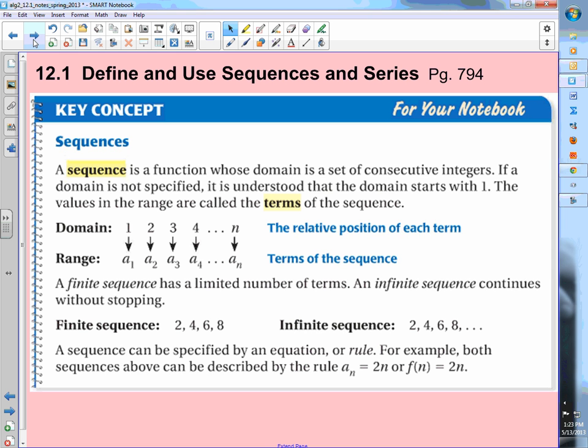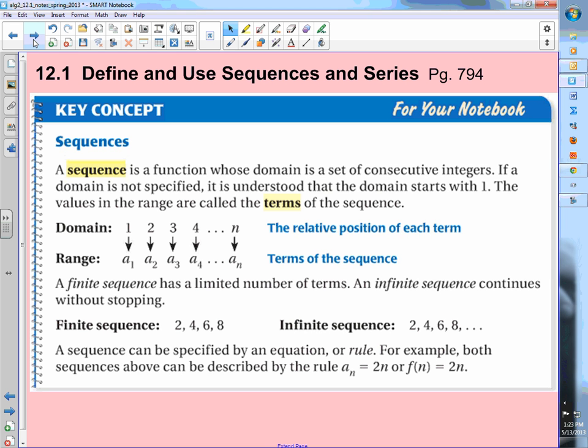The position of the term: 2 is the first term, 4 is the second term, 6 is the third term, and 8 is the fourth term. You are going to be very aware of the position that the term is in and what the term is. You don't need to really worry about this being domain or range.